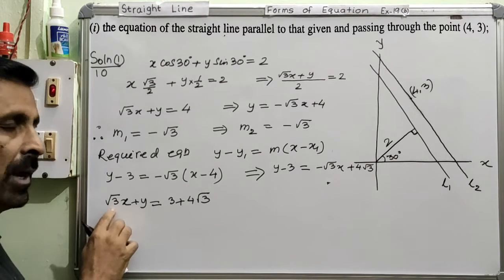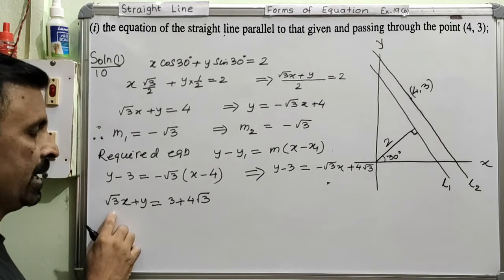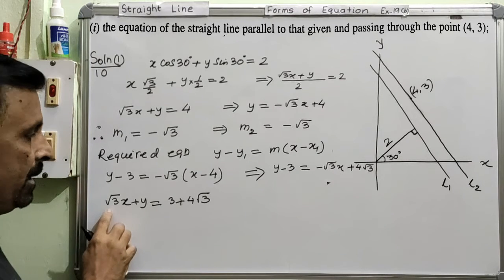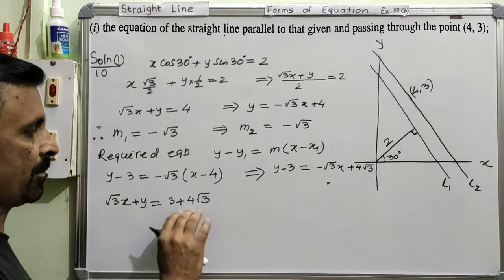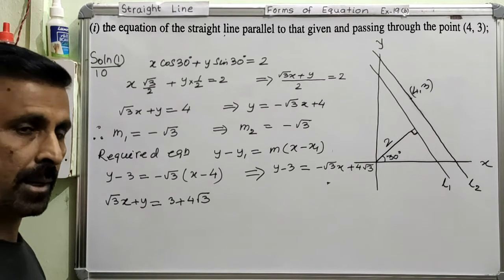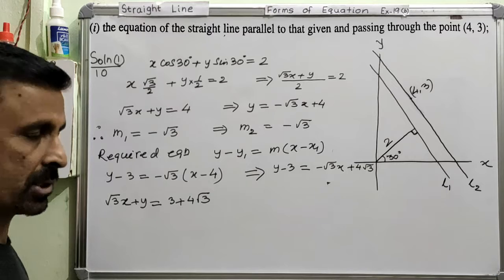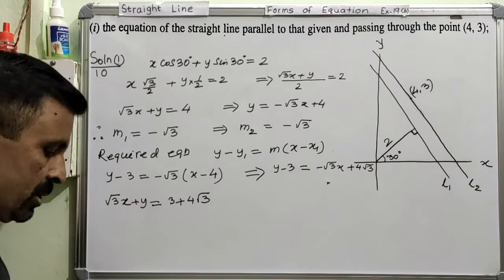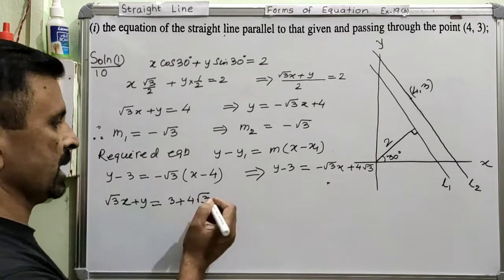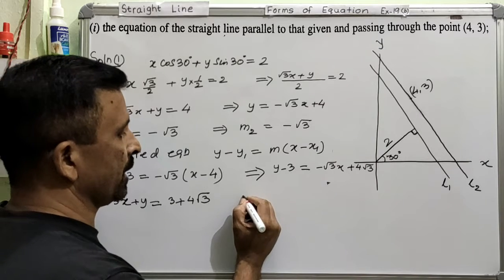But for this we are not getting any angle for cos. In order to get the angle, we will have to do some simplification in this question. So what we can do is divide this equation on both sides by 2.